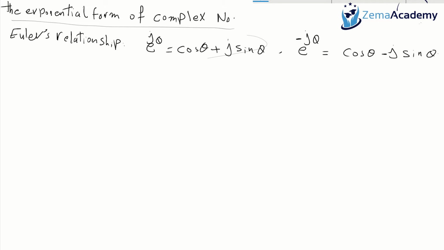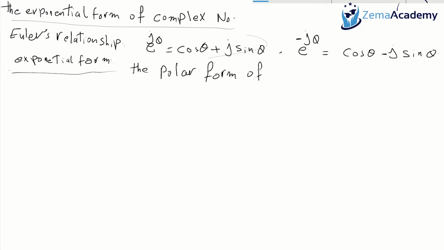Now, so what is the exponential form? You know the polar form of a complex number, we discussed that last week, which was z equals r cosine θ plus j sine θ.